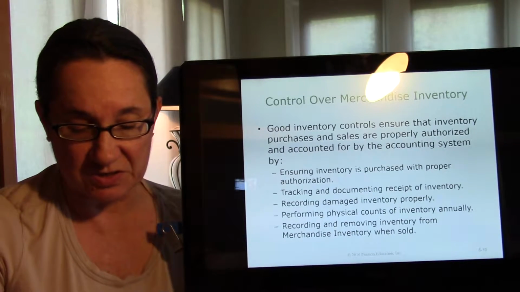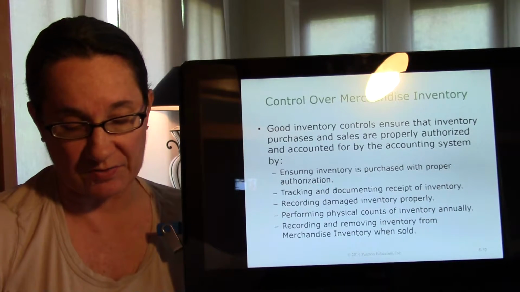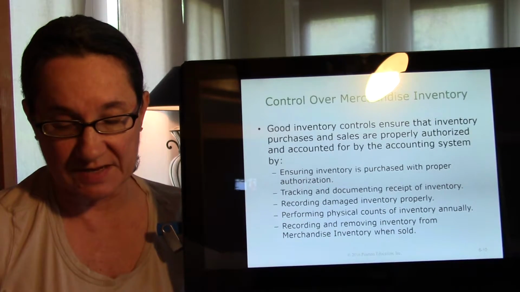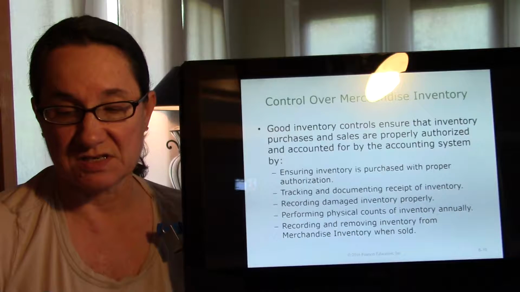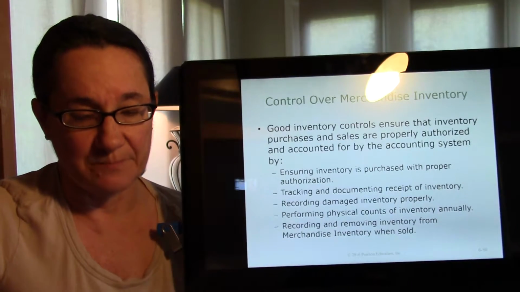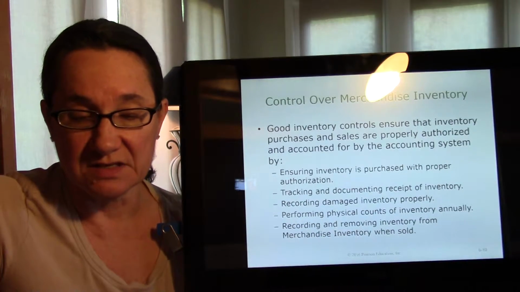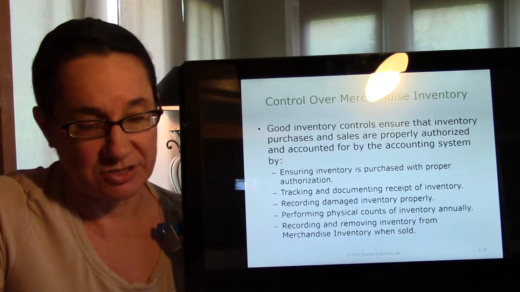The company should ensure that merchandise inventory is not purchased without proper authorization, including purchasing only from approved vendors and within acceptable dollar ranges. After inventory is purchased, the order should be tracked and properly documented when received. At the time of delivery, a count of inventory received should be completed, and each item should be examined for damage.